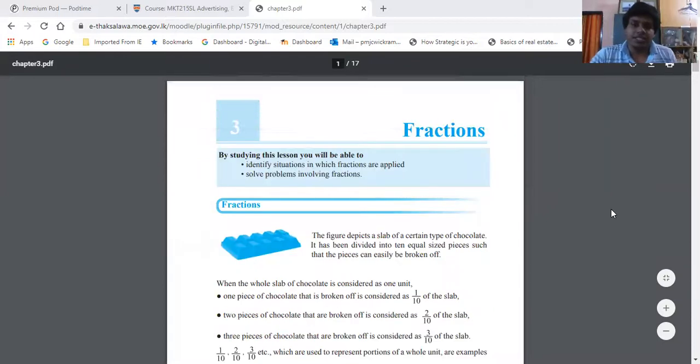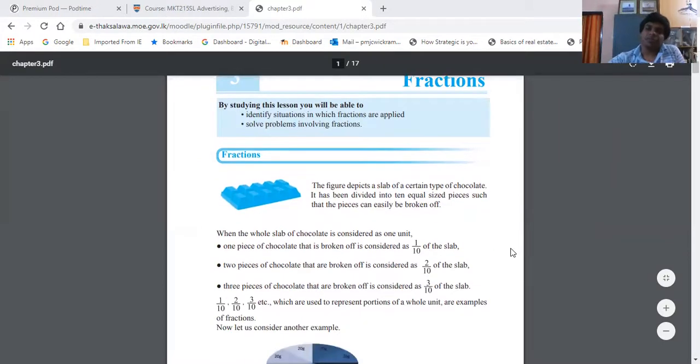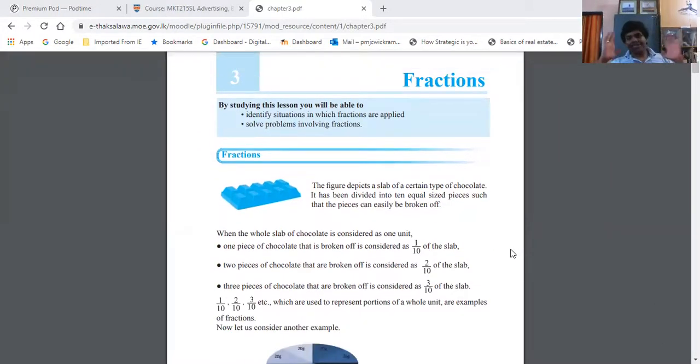So fractions. What is a fraction? The example given in the diagram in the textbook is very simple. We all know that any chocolate with a slab sort of shape has pieces you can share with each other.